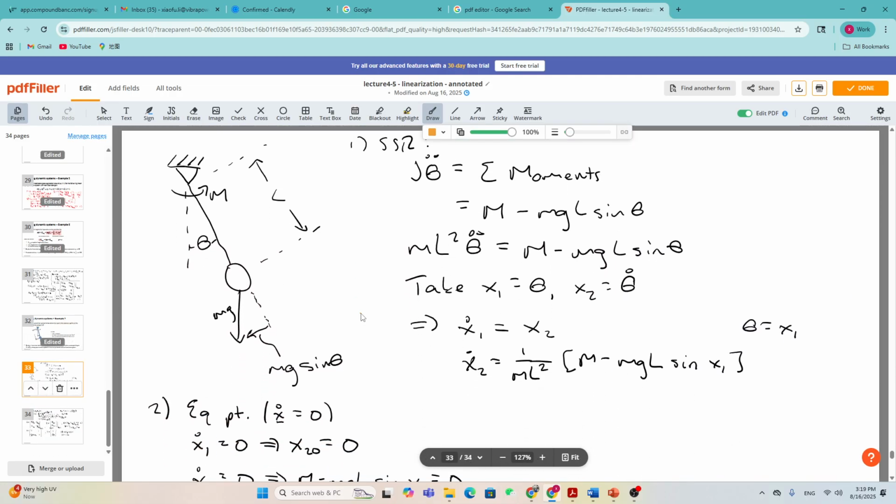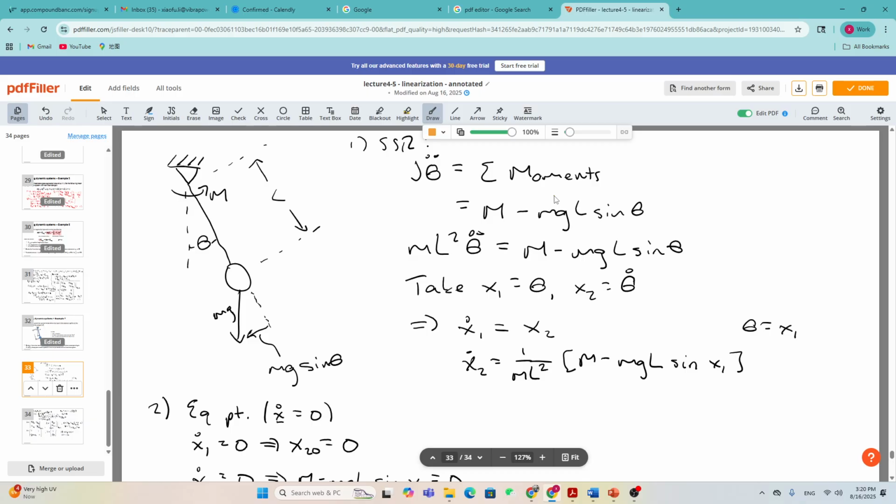So here, let's find the state space representation. We start with the equation of motion first, right? As we generally have for a rotational system, not linear motion, for rotational dynamics it will be J times alpha, where alpha is theta double dot, equals the summation of all the moments.